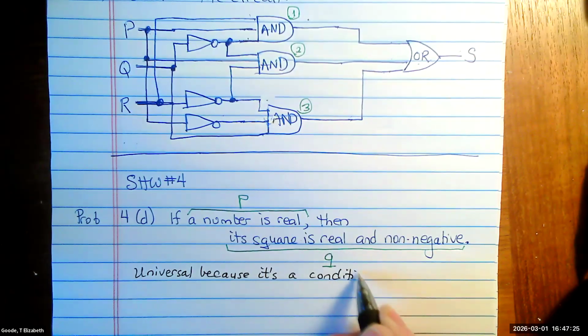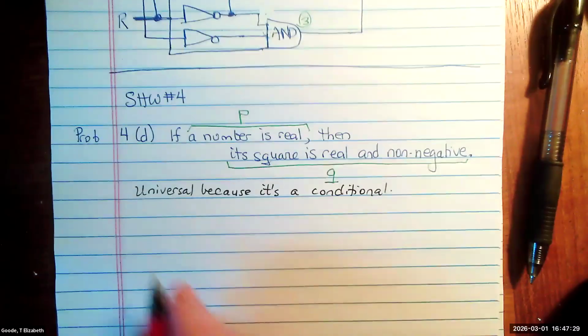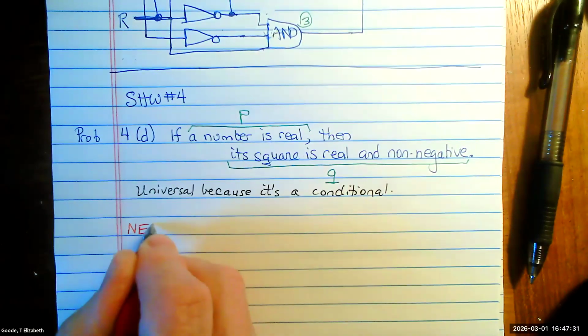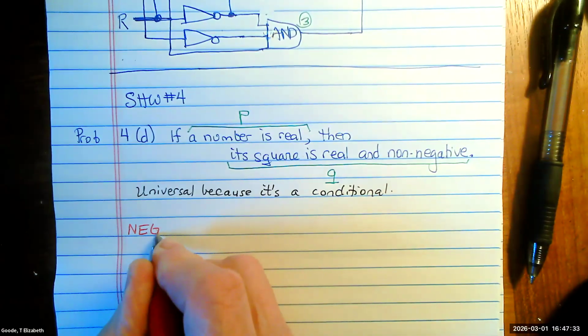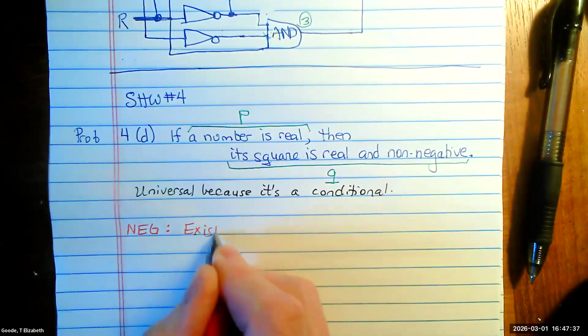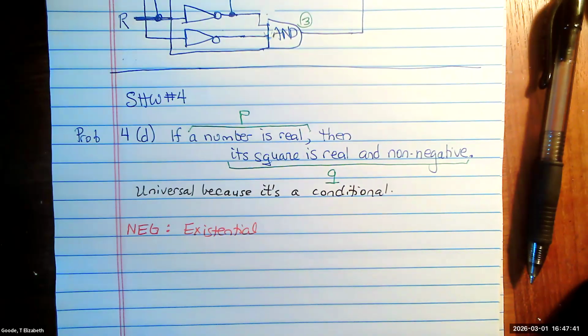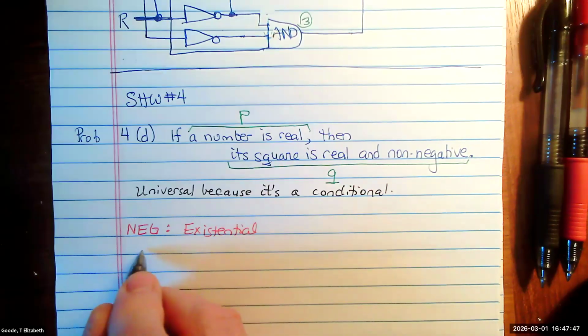So its negation needs to be existential. You got that part fine. It's a quirk of English. I see it now. Yeah, let's see if we can write a correct negation.